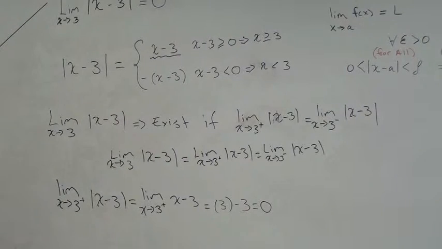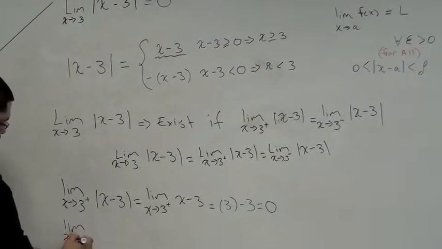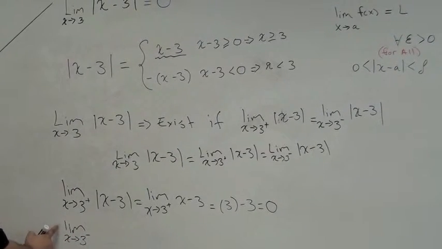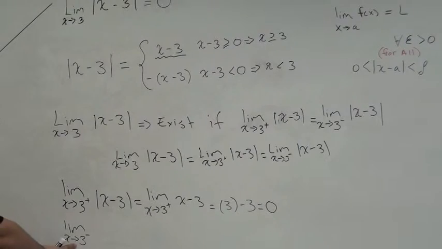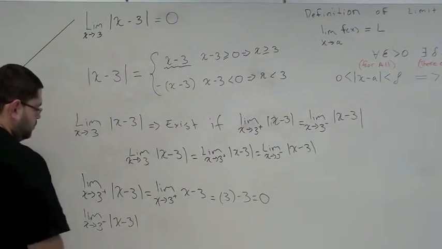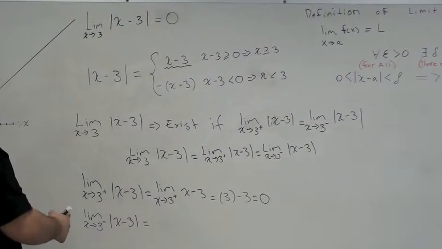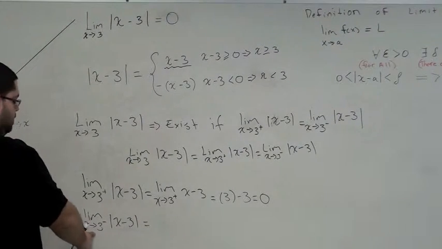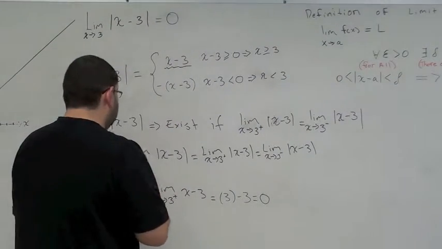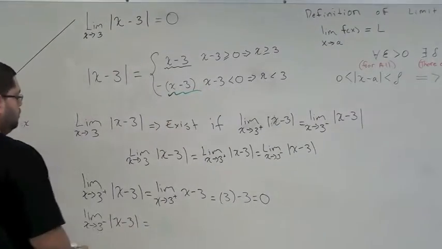So now I'm going to do the same thing from the left side. So I'm going to evaluate the limit when x approaches 3 from the left side of the absolute value of x minus 3. Now if I look at my piecewise function, I see that my x is going to be less than 3. So I need now to work with this function, right?